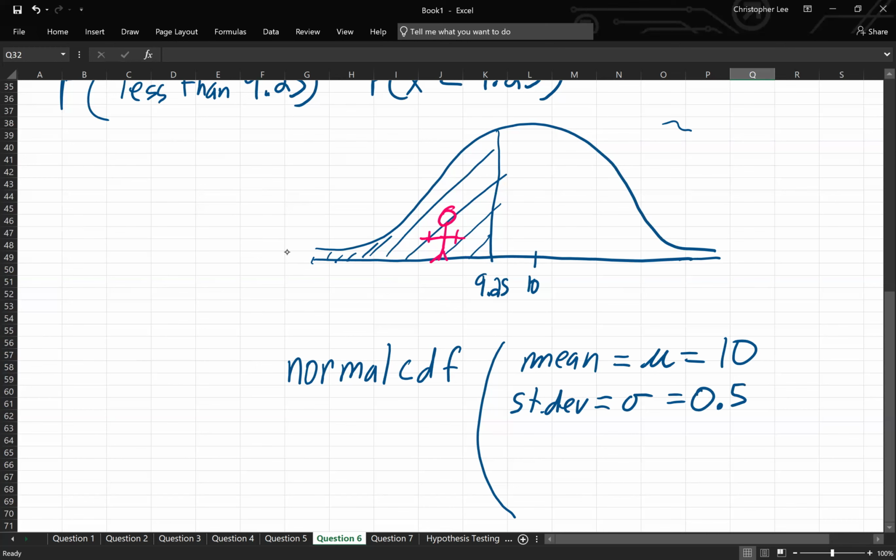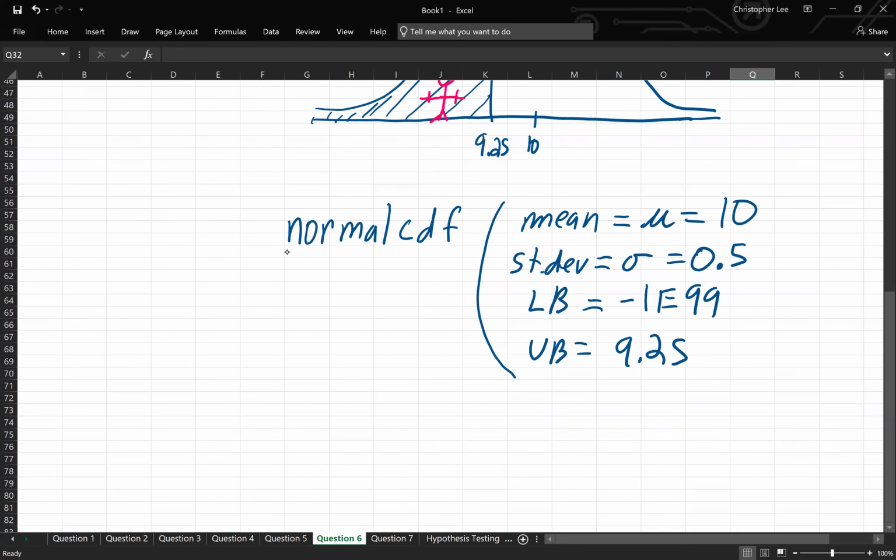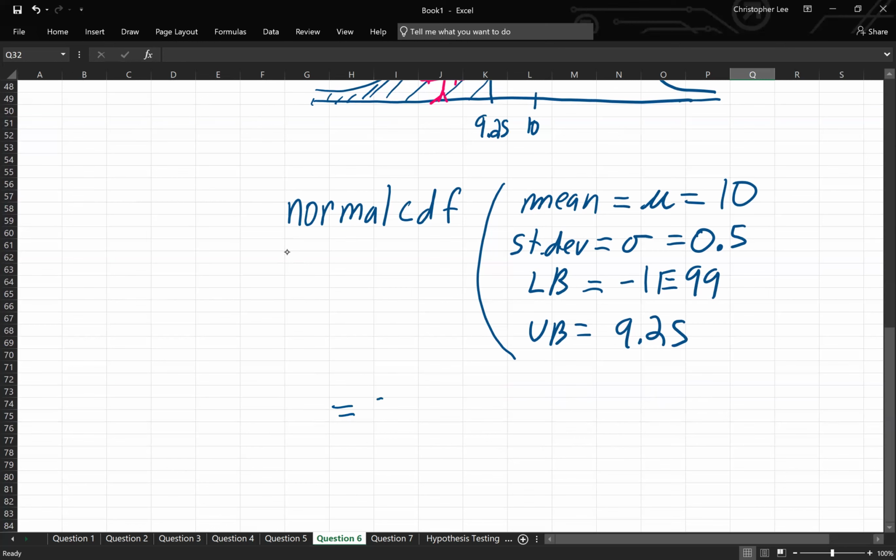Very good. What's my lower bound? 1 E99. Perfect. And what's my upper bound? 9.25. That's perfect right there. What's the answer you got? 0.0668. Okay, perfect. All right.